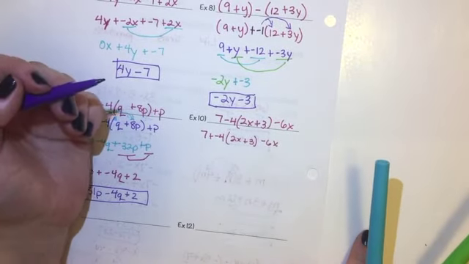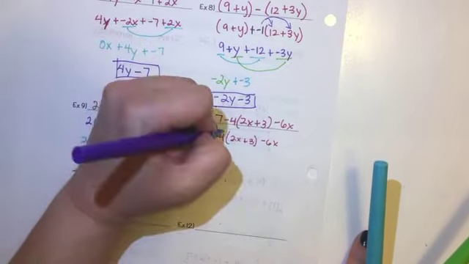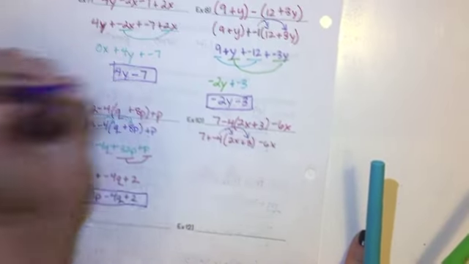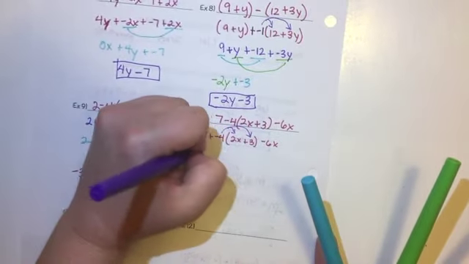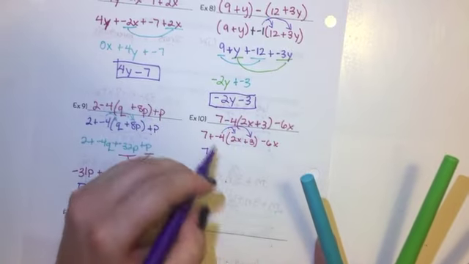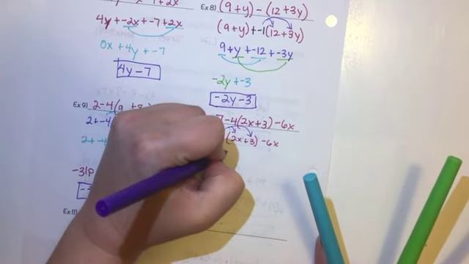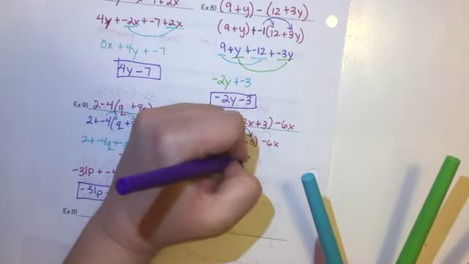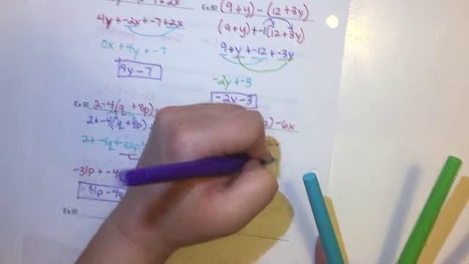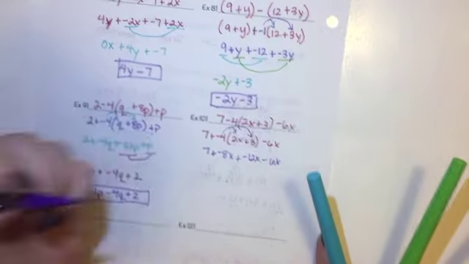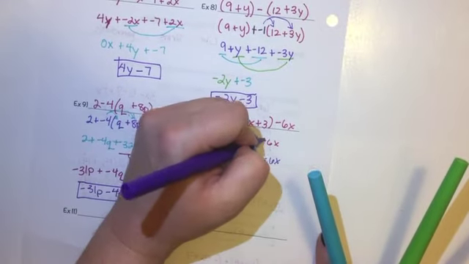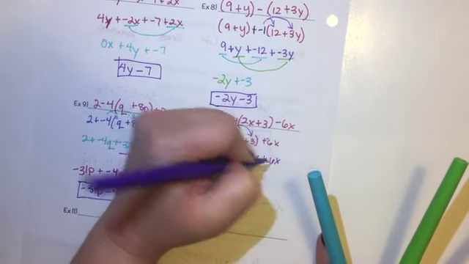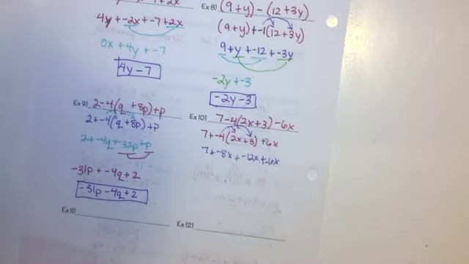Now we're going to go through and distribute the -4 to everything inside the parentheses. So we've got 7 plus -4 times 2 is -8x. Plus -4 times 3 is -12x. Minus 6x, or I'm sorry, we should add the opposite, so plus negative 6x.